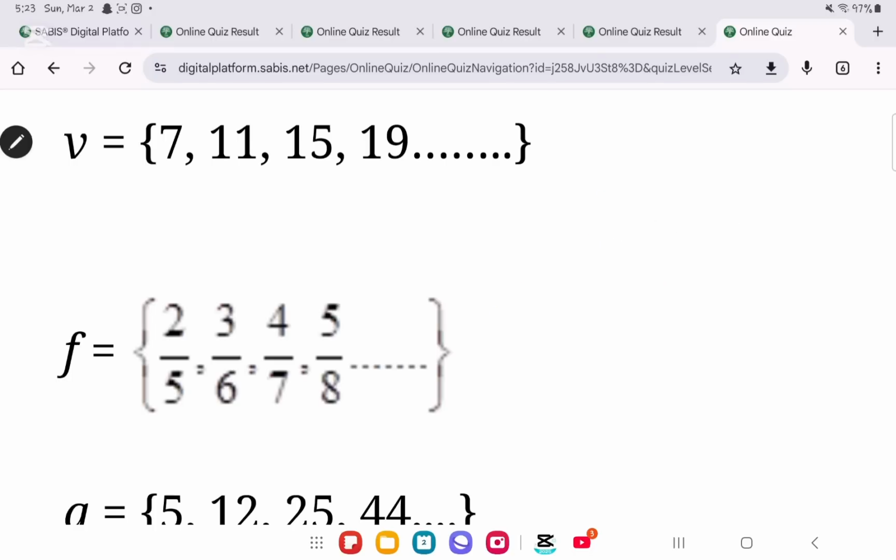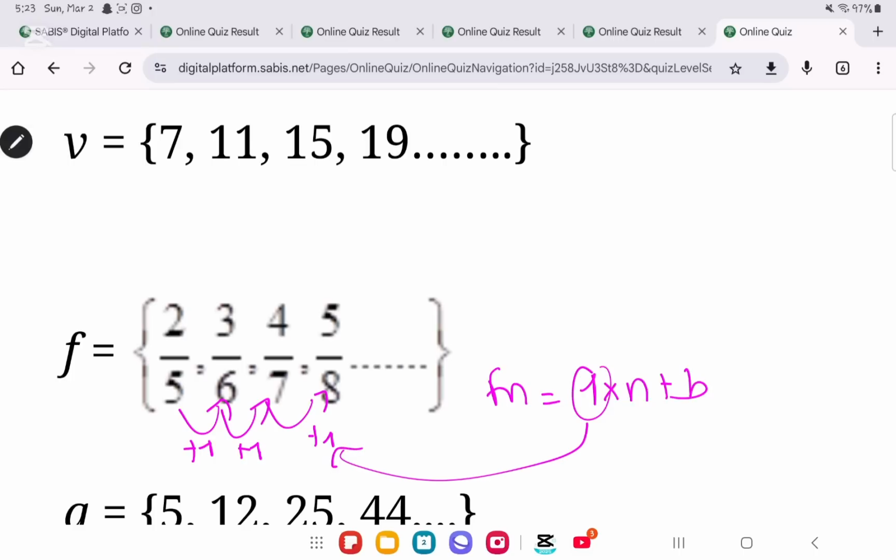This is the numerator. We finished it. It is n plus 1. Now the denominator, as you can see, it is always plus 1, plus 1, plus 1. So the common difference is 1, and fn is equal to 1 times n plus the constant b. Let's choose any random fn.